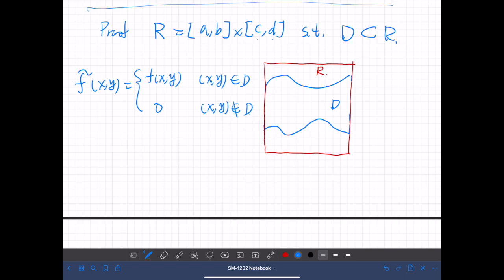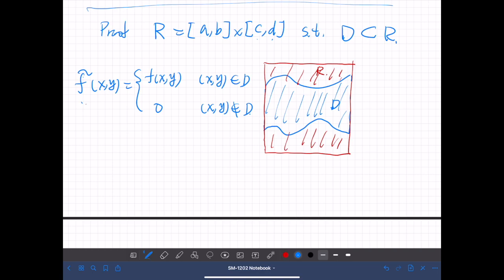So on this part, the value of f tilde is the same as f of x, y, and in these regions, the value of f tilde is 0.